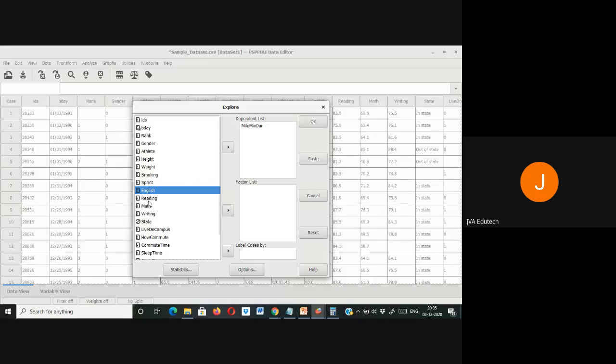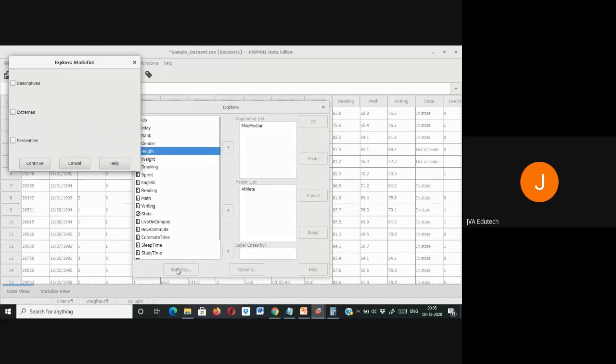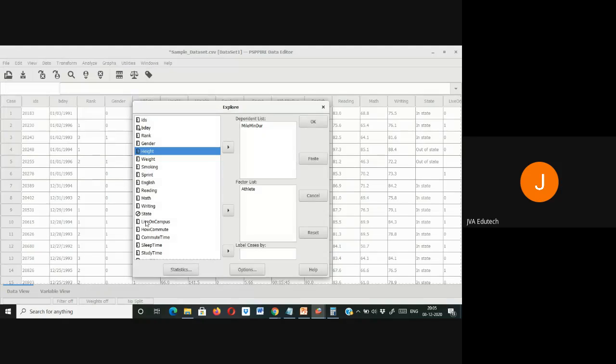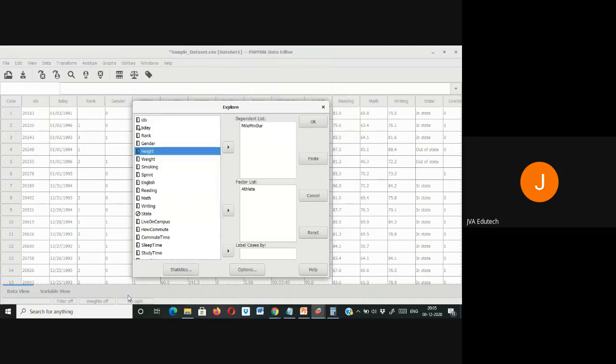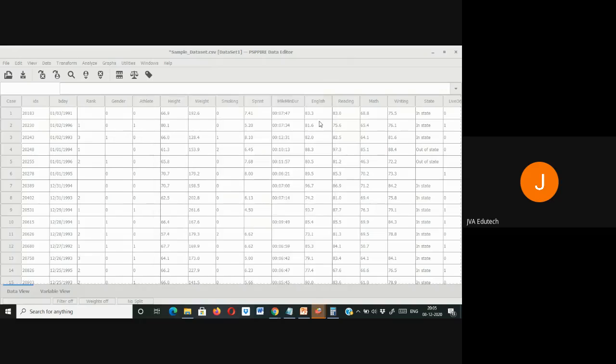Factor list is basically your independent variable, where it is divided into categories. Let's see, there is nothing called box plot. Extremes you can take, continue. In options, exclude cases listwise, always check this because some are missing values. So always check this. Okay.